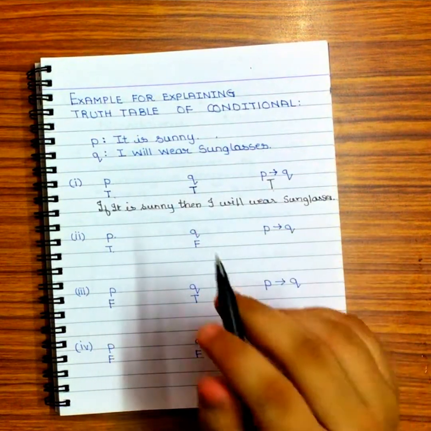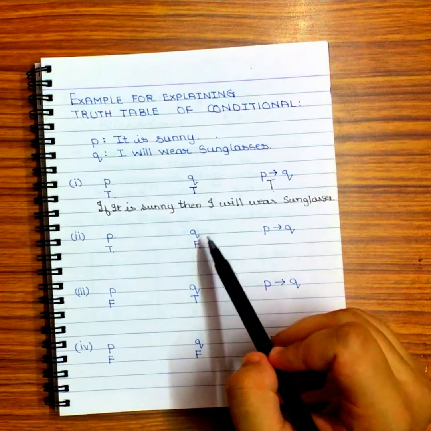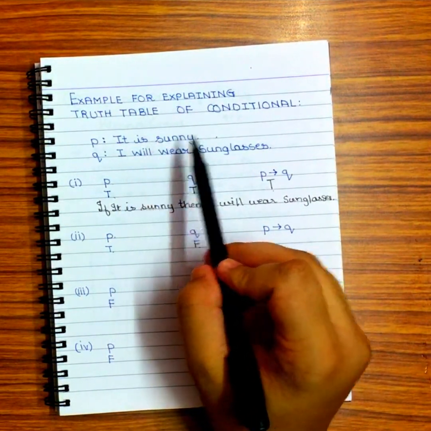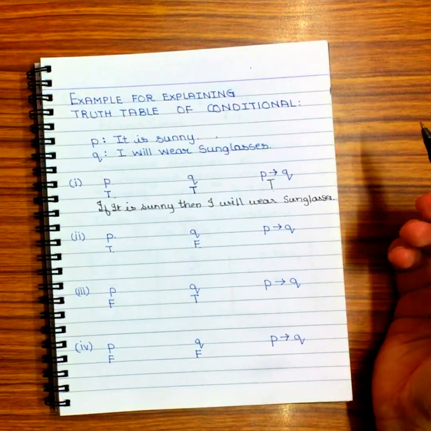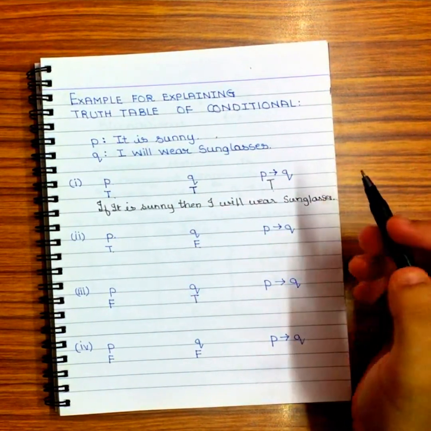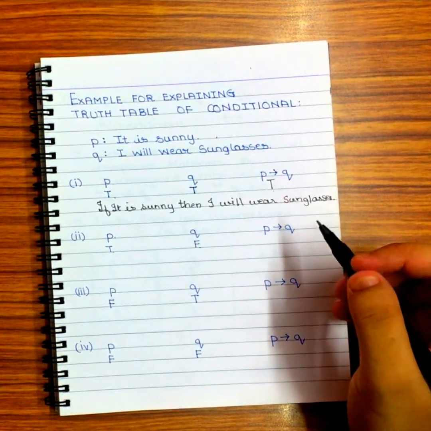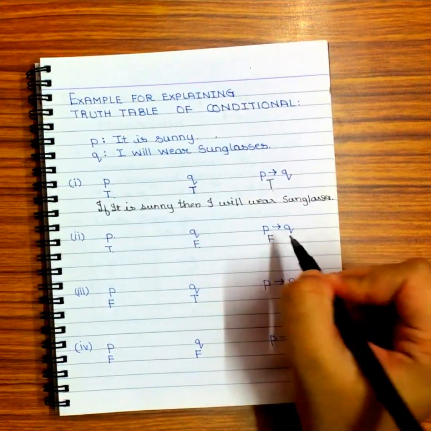So now if it is sunny I have to wear the sunglasses. But what is the conclusion? F means I am not wearing the sunglasses. So it is like if it is sunny then I will not wear sunglasses. So here the main objective of mine of wearing the sunglasses when it was sunny is defeated. So hence the truth value is false.